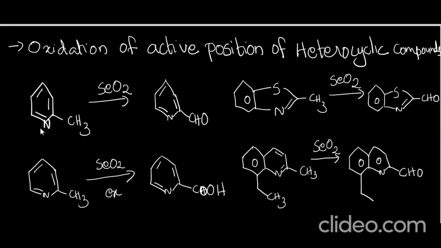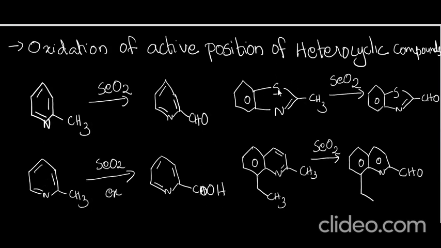So here is a pyridine derivative. In the presence of selenium dioxide, the CH3 group, which is the active position of this heterocyclic compound, will be converted into CHO. If selenium dioxide is used in excess, it will be further oxidized into COOH.